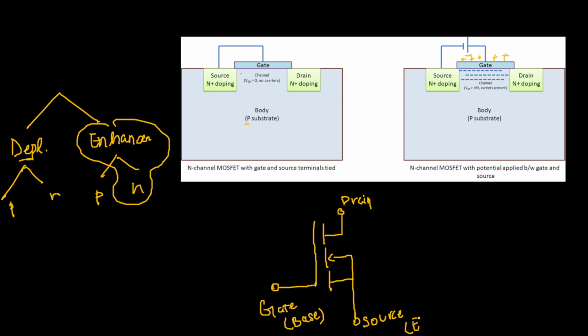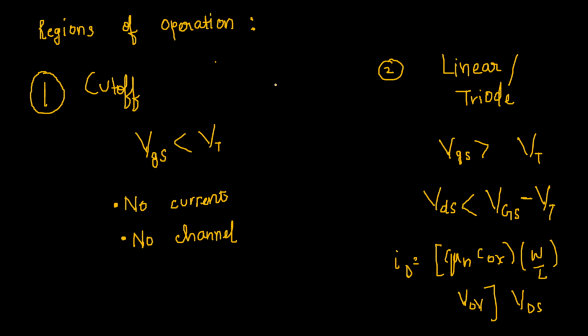The source is similar to the emitter and the drain is similar to the collector in BJT. So these are the basics of what is actually going on inside the MOSFET.